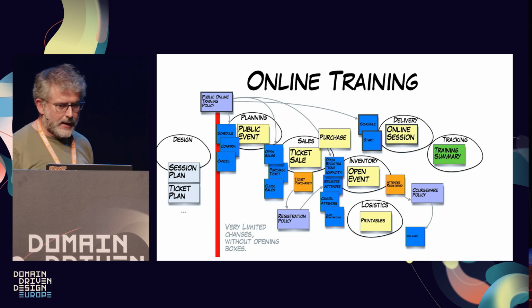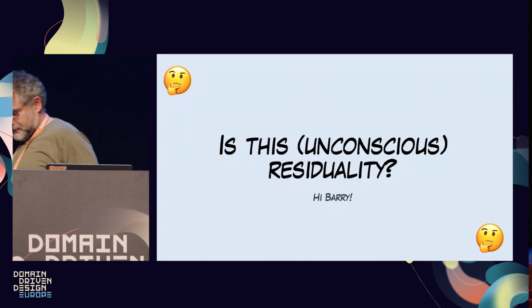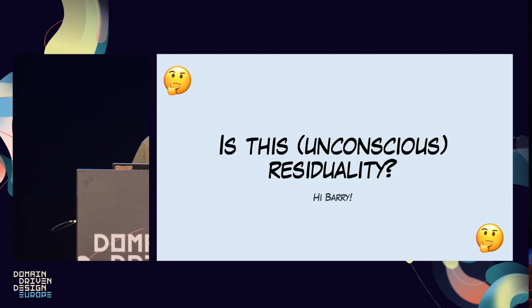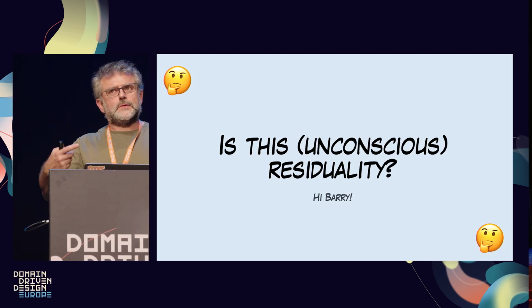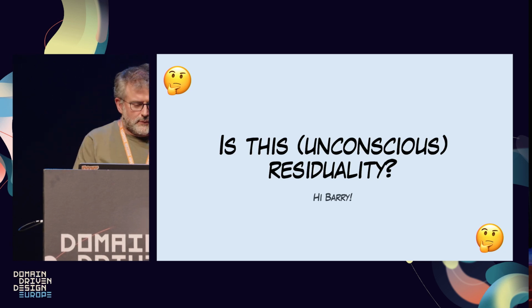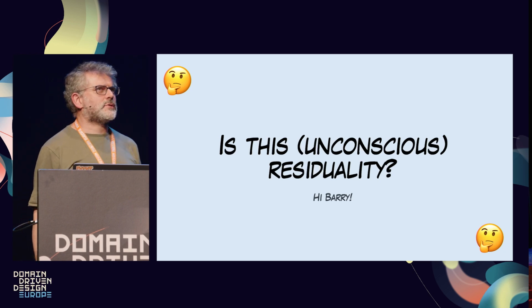Just recombining things. And then yesterday, I was watching Cyril and Barry's talk, and I realized I was working on my prototype, stressing it with a lot of what-if scenarios. Am I doing this without knowing?